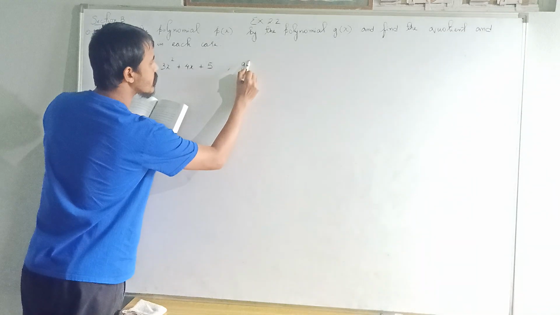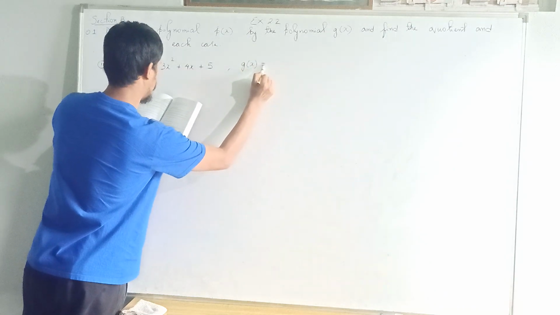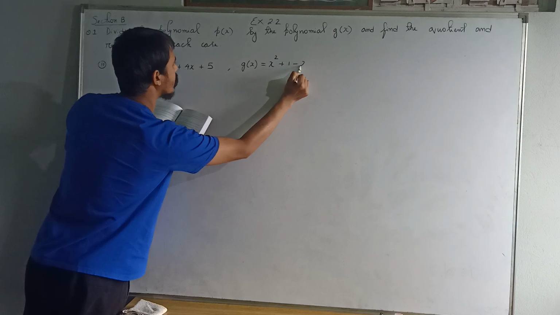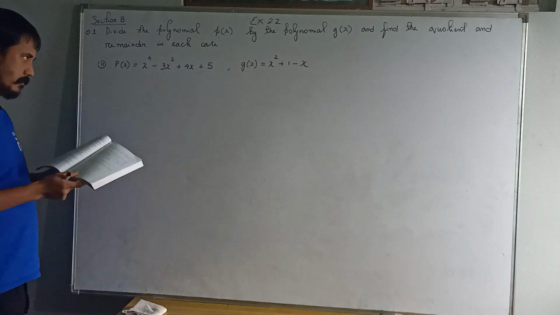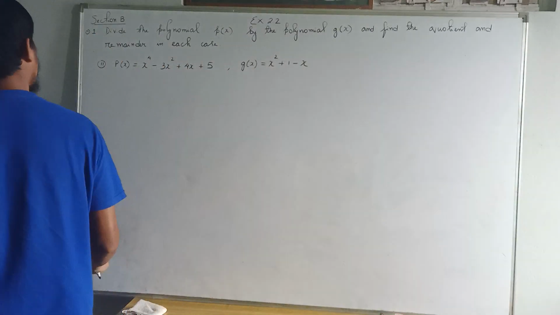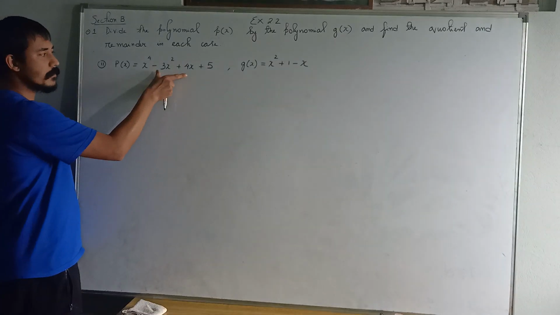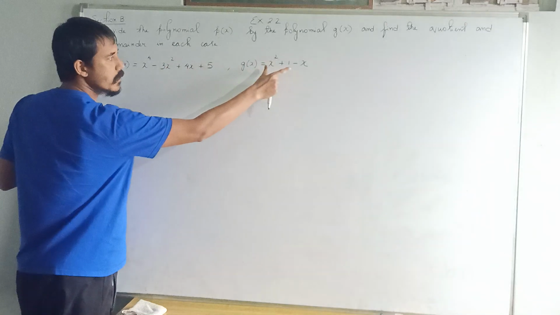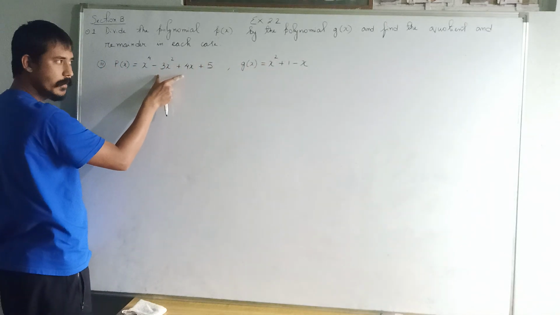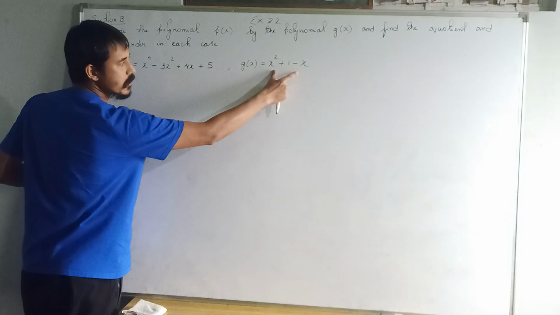And your g(x) is given to be x square plus 1 minus x. So we are asked to divide this polynomial p(x) by this polynomial g(x).